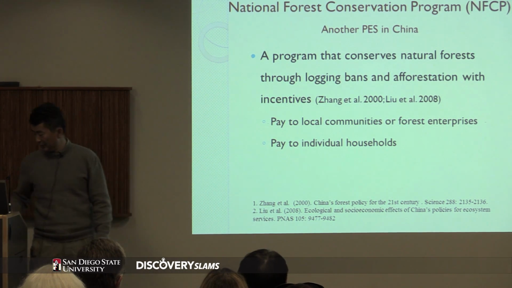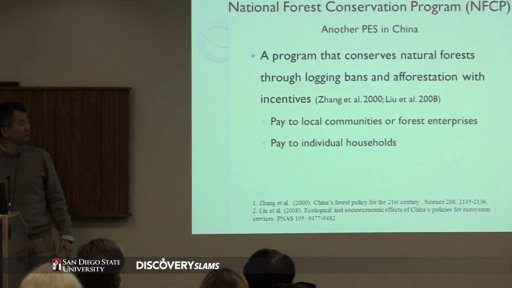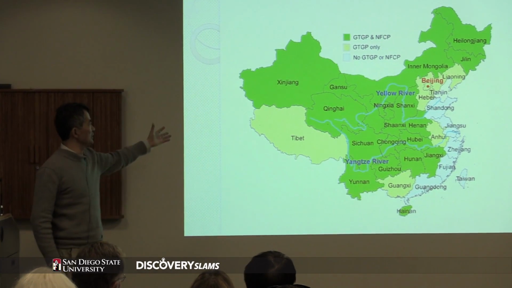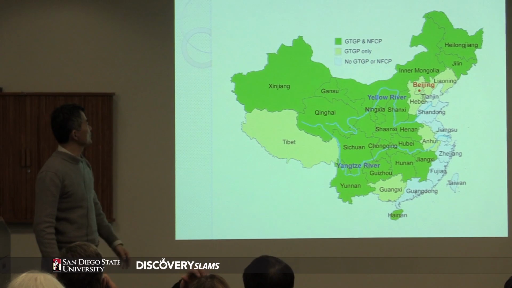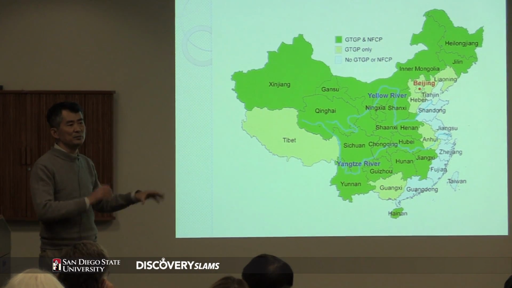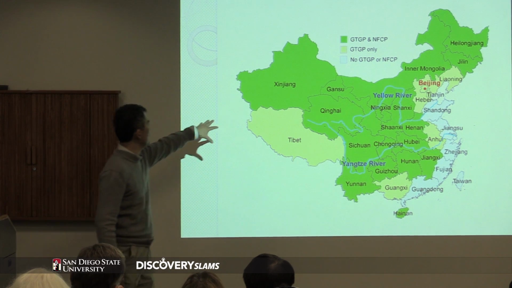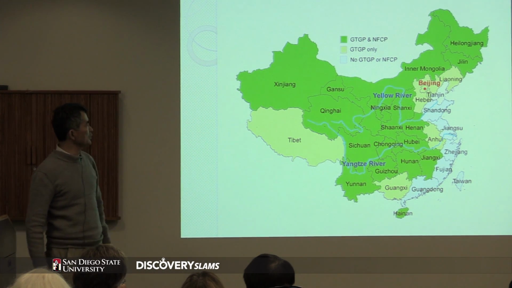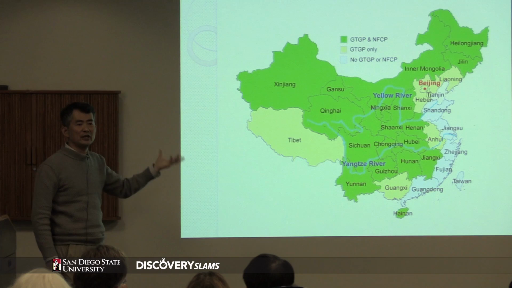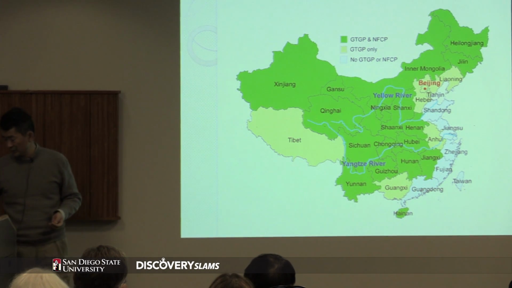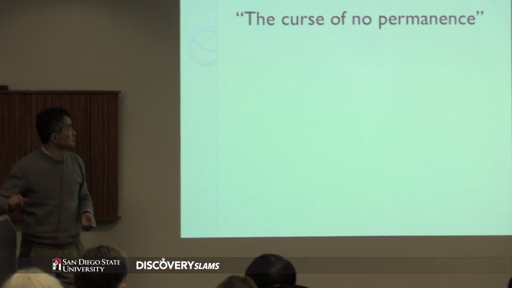Of course, the individuals or the households may get some money back. So here, this is the map of China. You see, all the green areas are both GTGP and NFCP program provinces. The yellow places are the GTGP only. So you can say pretty much 90% of the territory of China has experienced this GTGP program.